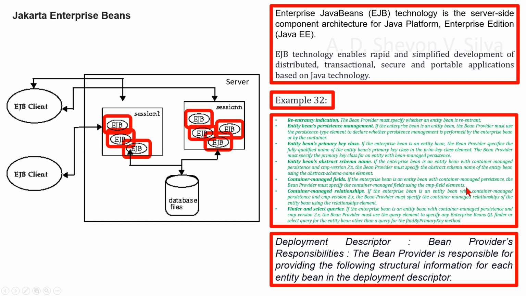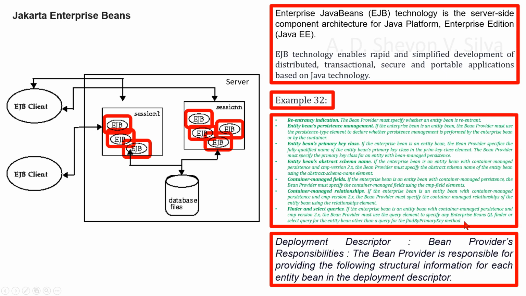Container managed fields: if the enterprise bean is an entity bean with container managed persistence, the bean provider must specify the container managed fields using the cmp-field element. Container managed relationships: if the enterprise bean is an entity bean with container managed persistence and CMP version 2.x, the bean provider must specify the container managed relationships of the entity bean using the relationship element.